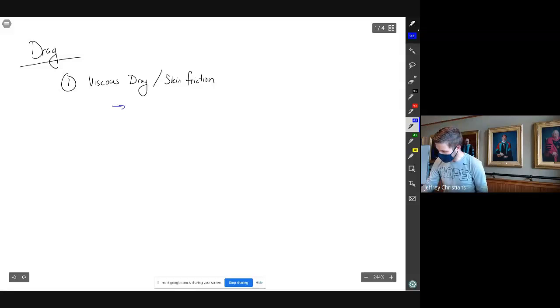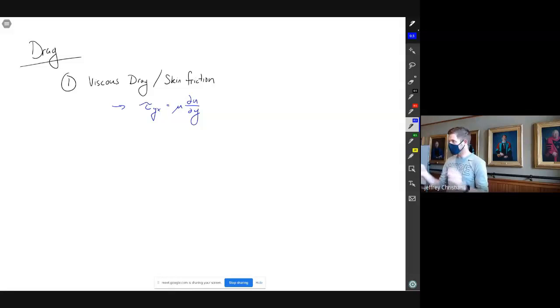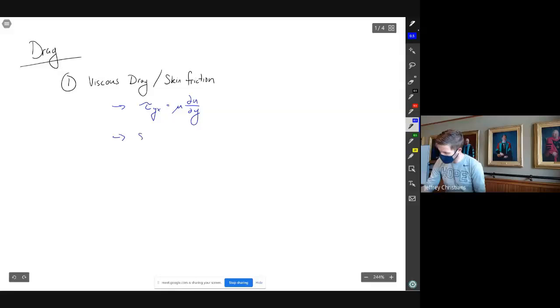So this is from, like, tau yx equals mu du dy, from shear stress in the fluid from viscosity. So this is from shear in the fluid. And ultimately, this looks like it does in pipe flow.